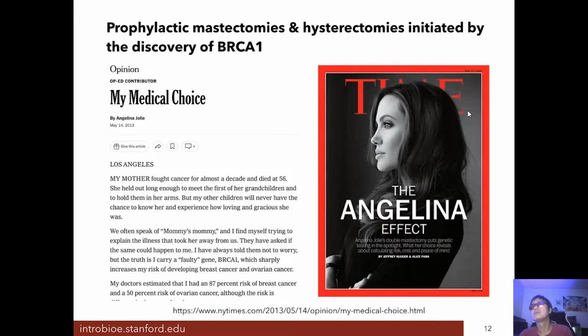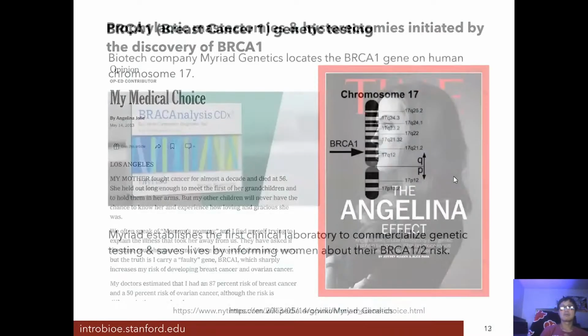And this sort of increase in prophylactic mastectomies is called the Angelina effect, as people tell their doctors, oh, I heard this actress talking about her decision to have a mastectomy because I want to know if I have this same mutation. So it's interesting that this is one approach to avoiding cancer, albeit a rather extreme one, but it is one that people are pursuing.